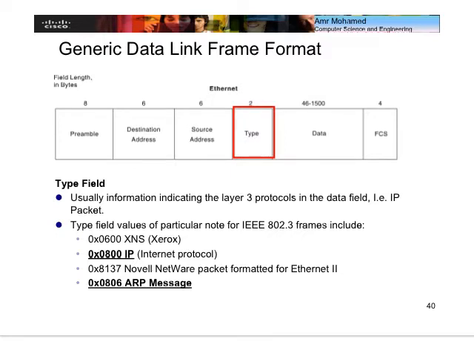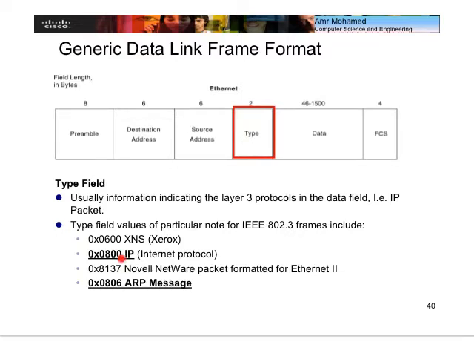Which protocol should I send it to? So this is what this field tells me. This type field will have different values. For example, if it has hexadecimal digits 0600, this indicates the Xerox network layer protocol.